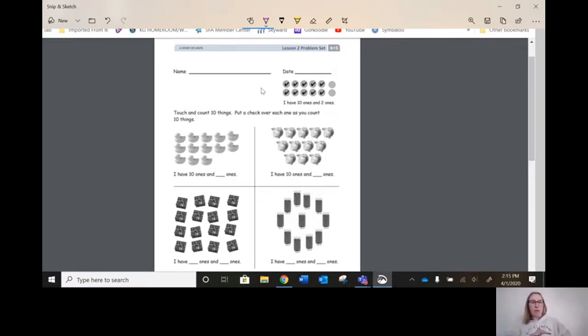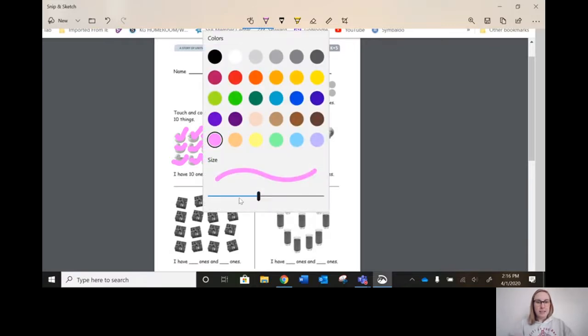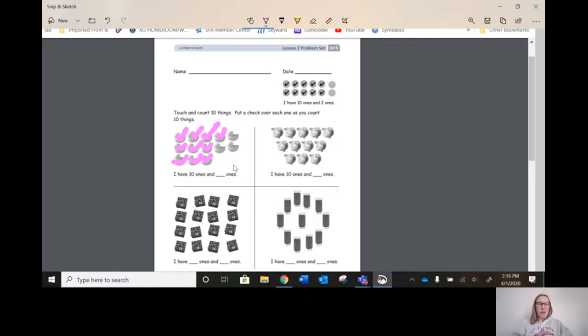So we're going to start right here with the duckies. Are you ready? 1, 2, 3, 4, 5, 6, 7, 8, 9, 10. Let's see if I can make mine a little smaller so they're not all over the place.